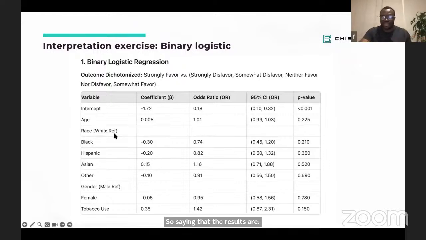So like you rightly said, females have 0.95 times lower odds of reporting being strongly in favor of a ban on menthol cigarettes compared to males, but the result was not statistically significant. All right, so I think we've highlighted the important points enough. I think all of us should be clear on this. So that's how we interpret the results of a binary logistic regression.